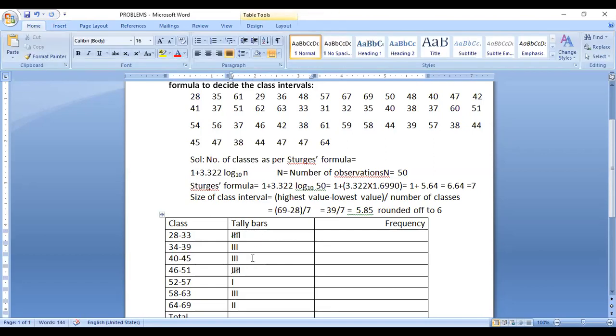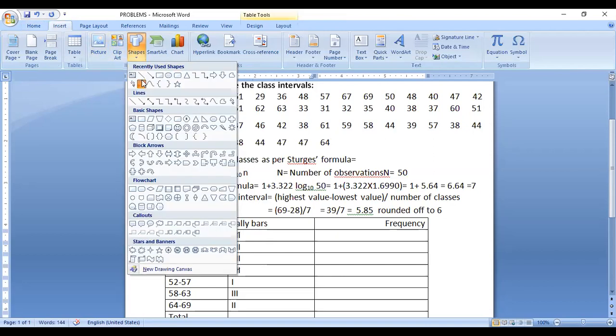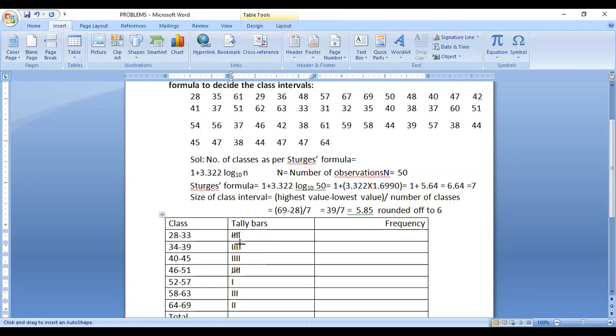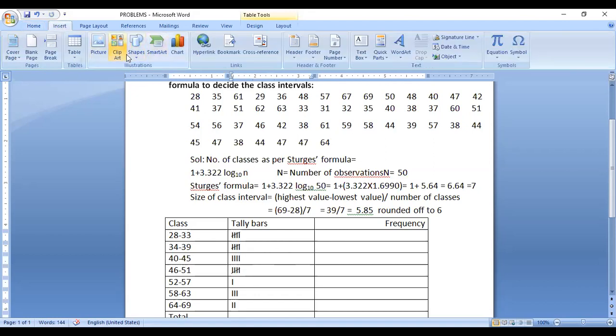Then 35, 40, 38. 4 are completed, for the fifth one we have to strike off. Then 40, 4 are completed. Fifth one we have to strike them off.